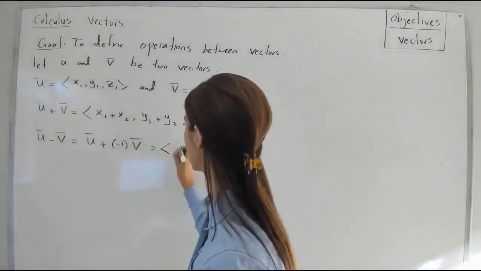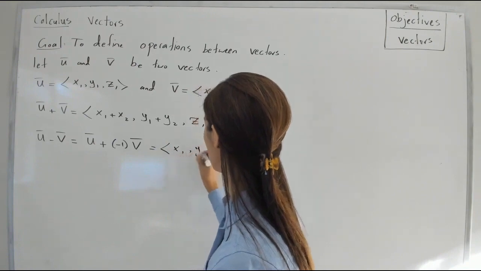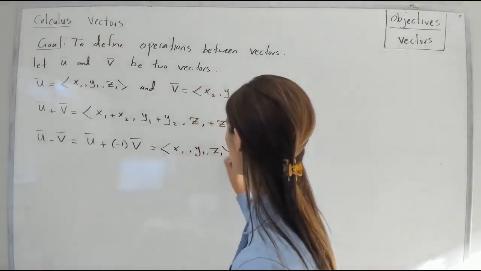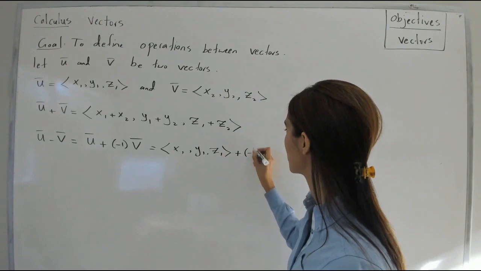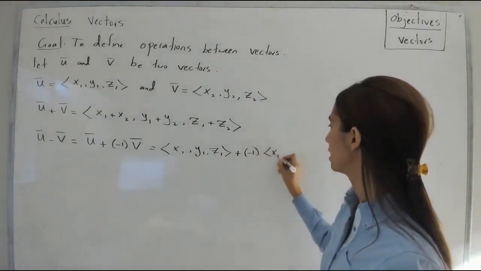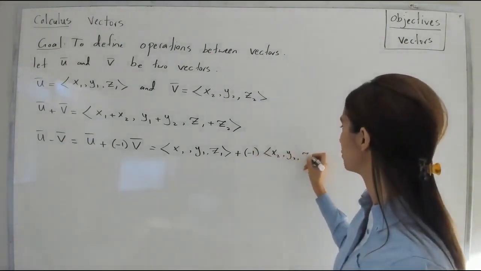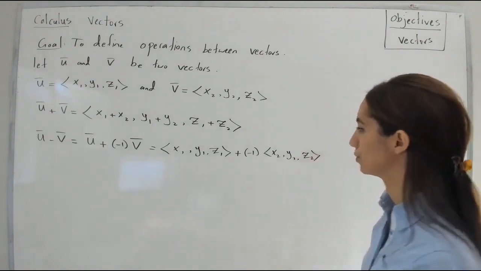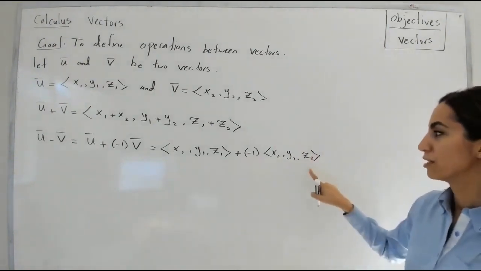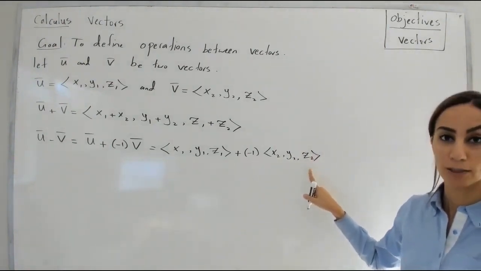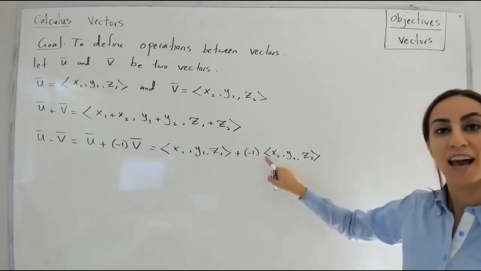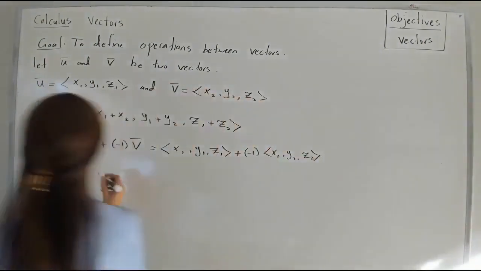So here you have x1, y1, z1 plus -1 times x2, y2, z2. Here we are using scalar multiplication, scalar and a vector.